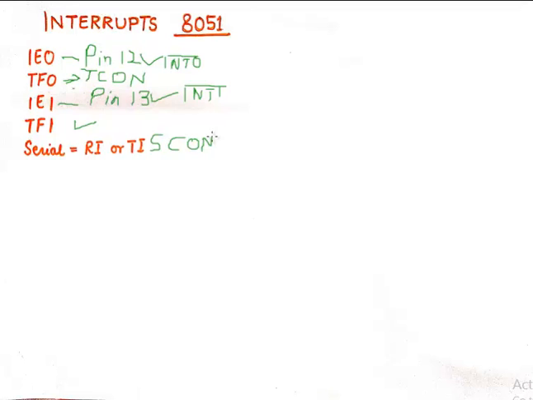Timer interrupts have higher priority than the serial interrupts, and because the receive and transmit interrupts are not generated simultaneously, they have been placed at position number 5, so they feature in the SCON special function register.